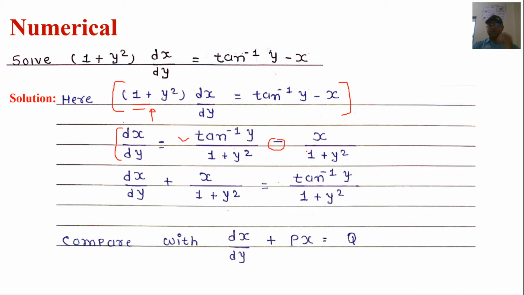Now move the term minus x upon 1 plus y square to the left hand side of the equation. So you will get dx upon dy plus x upon 1 plus y square is equal to tan inverse y upon 1 plus y square.